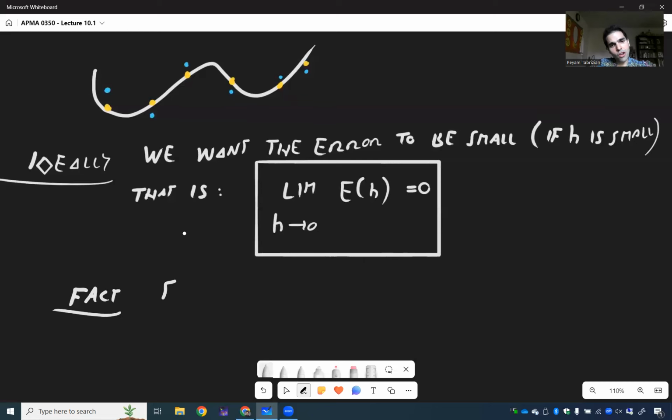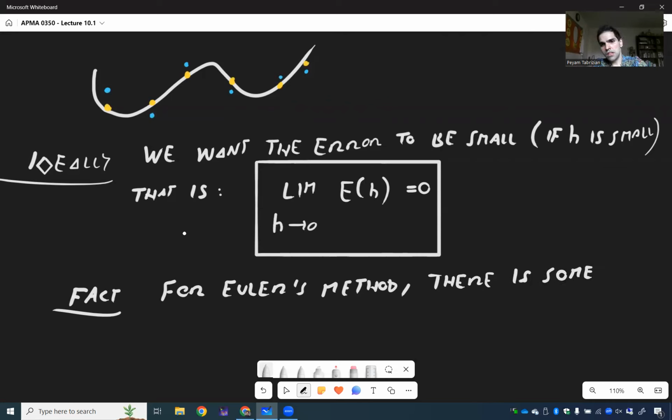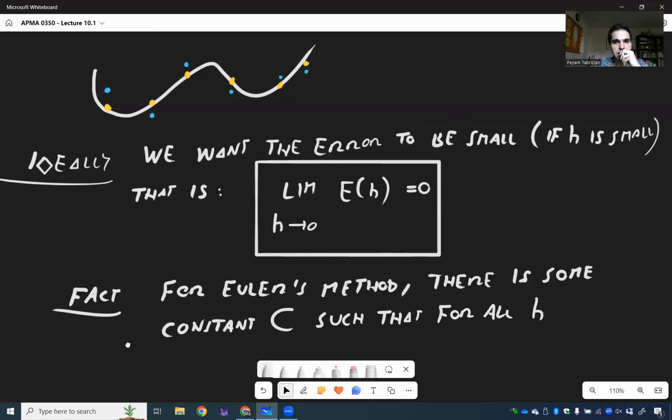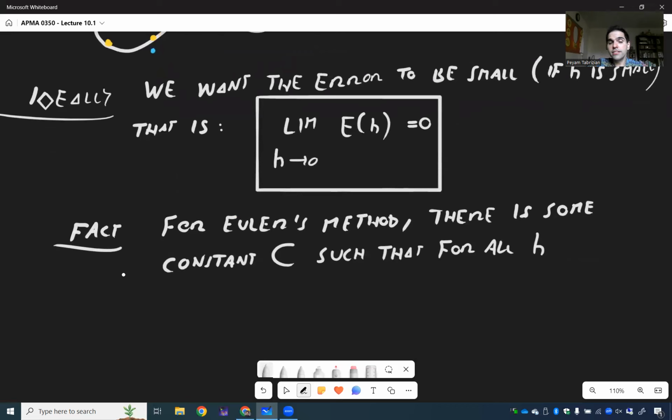In fact, for Euler's method, there is some constant C such that, not just for small h, but for all h, we have E of h squeezed between minus C h and C h. In other words, the error is less than or equal to C times h.